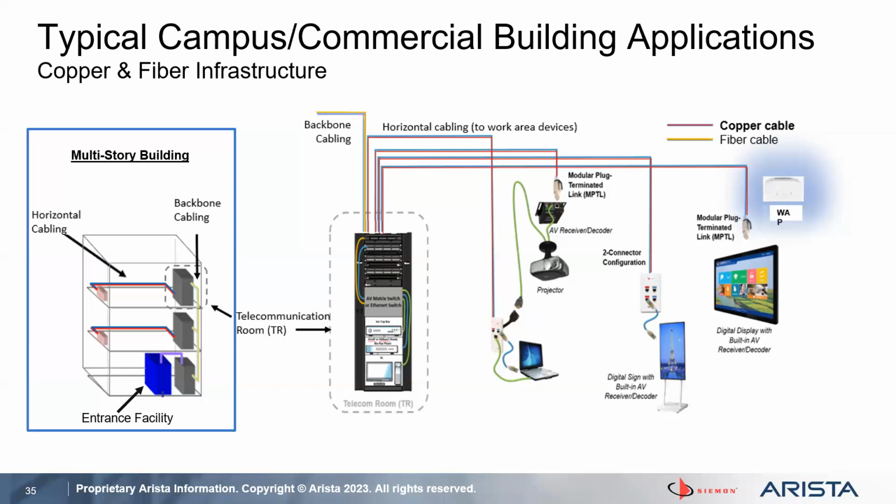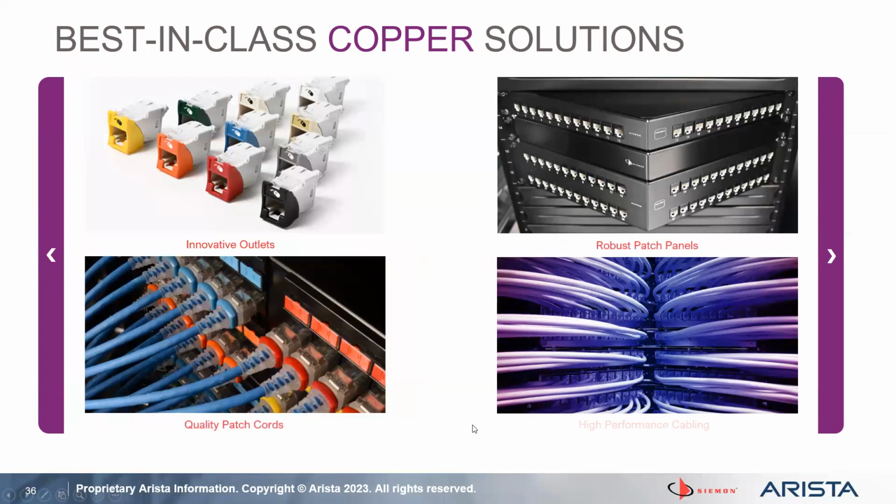So from a summary solution side, for those of you not too familiar with Siemon, we are a 120-year-old manufacturer of copper and fiber infrastructure. That's what we do. And here's a sampling of our best-in-class copper, whether it's the jacks, patch panels, patch cords, all the cabling to go along with that, to install in all the campus networks.